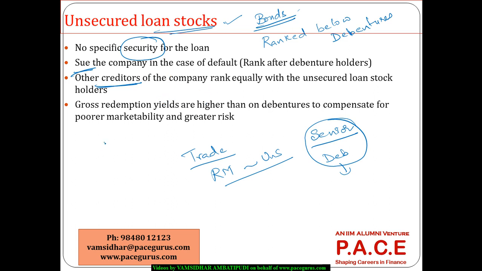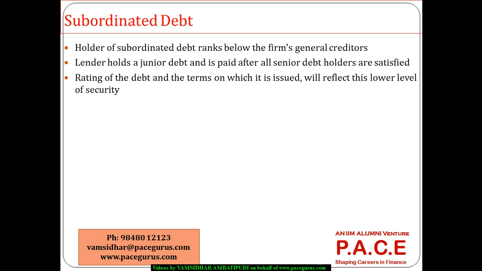Because of that, there is an additional risk with the unsecured loan stock. And because of that, the expected returns, which are measured in the form of gross redemption yields, should be higher compared to the debentures. Because there is a greater risk, as they will be paid after the debenture holders in case the company has defaulted, and their marketability is also much poorer compared to that of the debentures.